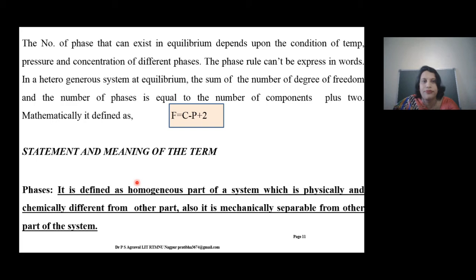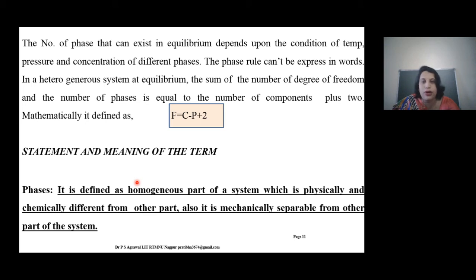Mixture of solids. Suppose we are taking n number of solids. Whatever the chemical composition, if they are different in chemical constituents, then they will form different phases. They can be easily mechanically separated. So we can generalize that whatever the number of gases in a gas mixture, the phase is 1.